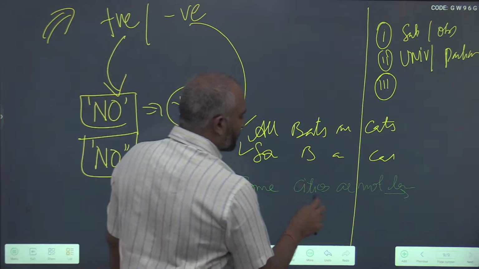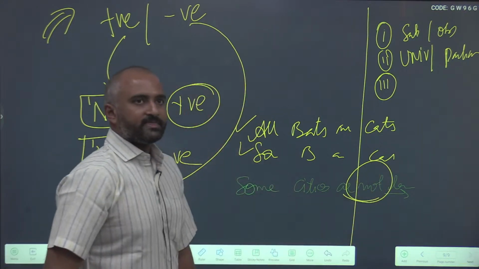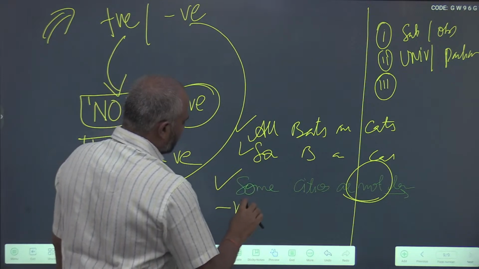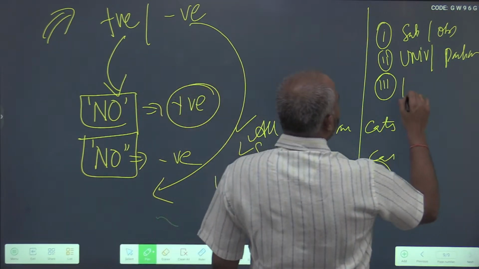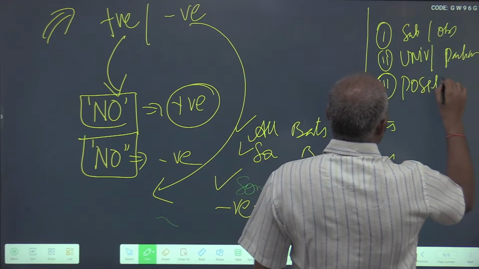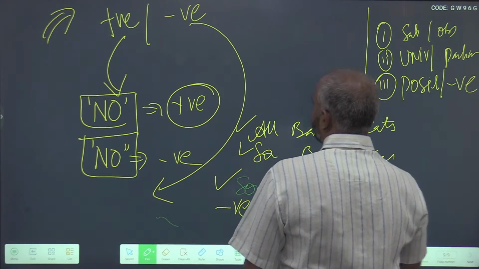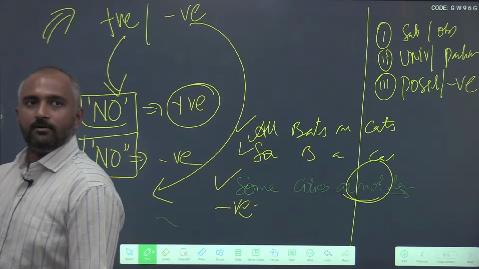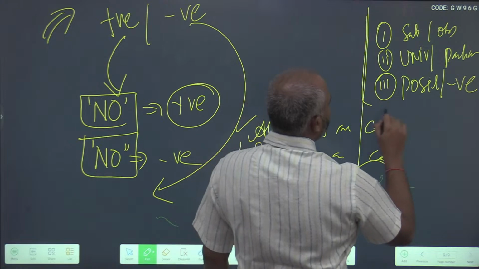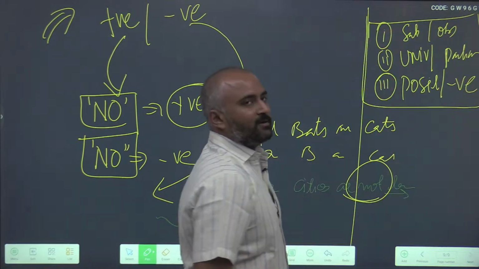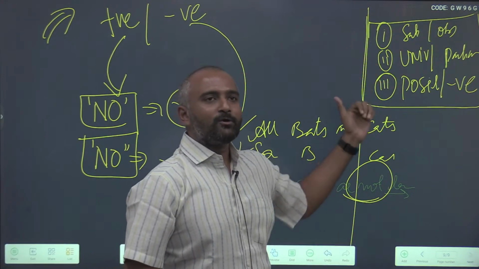There is a presence of a negative term, that's why this is a negative statement. I hope this is clear. So, only three criteria. I hope there are no doubts till now.